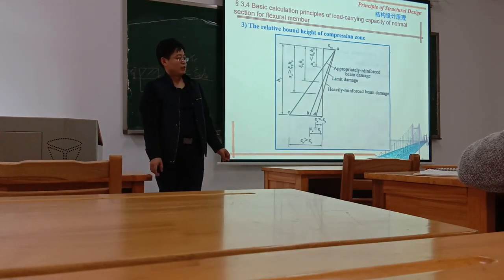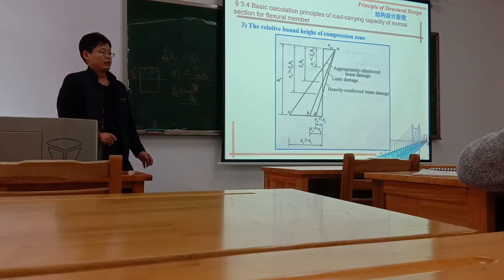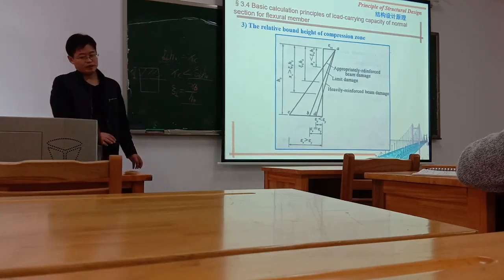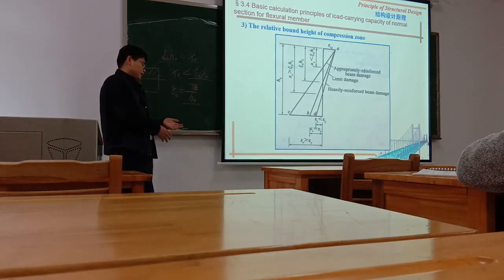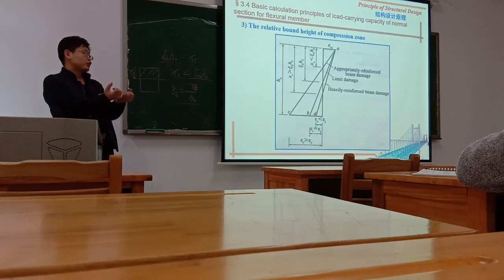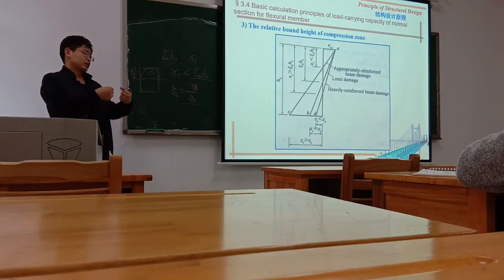It's brittle. No, it's plastic. Both the steel and the concrete will break. It belongs to plastic failure. The reinforcement reaches yield strength, and at the same time the concrete reaches compression strength. So this happens at the same time.